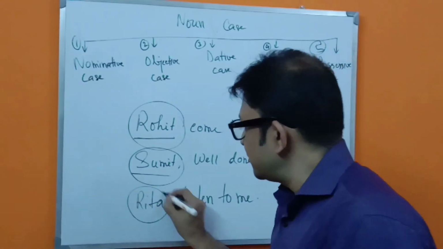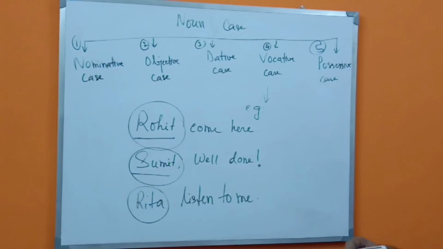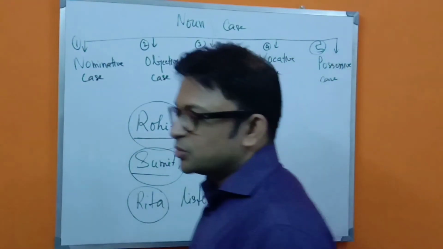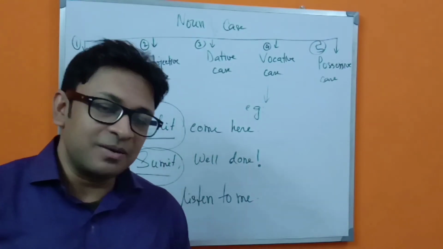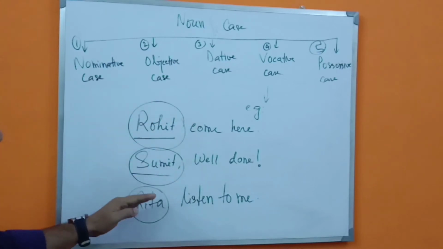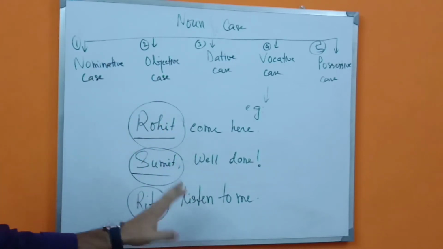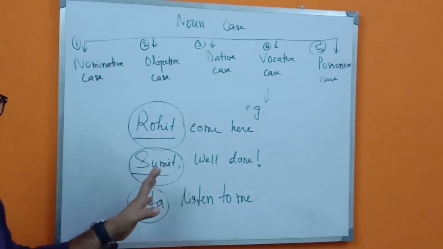So here also this is our vocative case. Whenever the noun is being addressed to do something, to listen to something, or addressed in some way or other, then it is our vocative case. These are the examples of vocative case which you have to remember. Go through them, practice them well, and you will understand it very well.